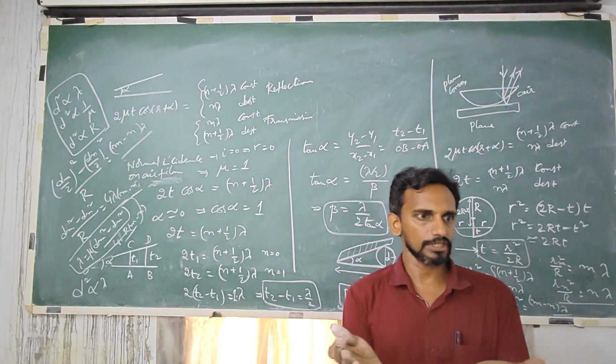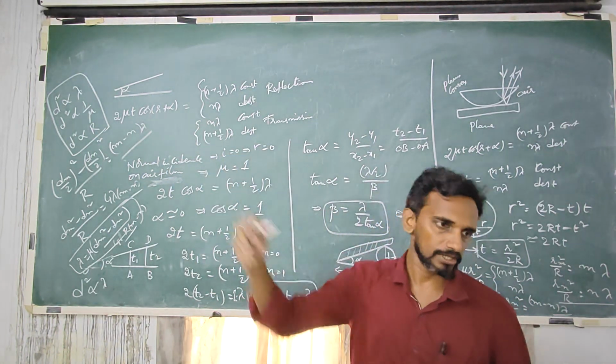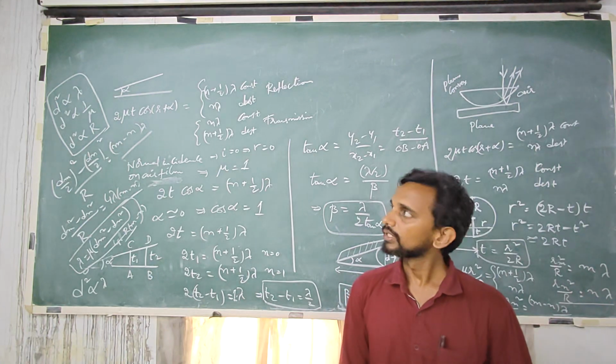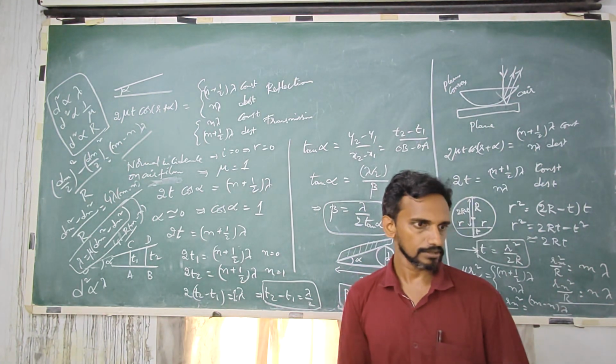So if the radius of curvature increases, diameter of the ring increases. If wavelength increases, diameter of the ring increases.